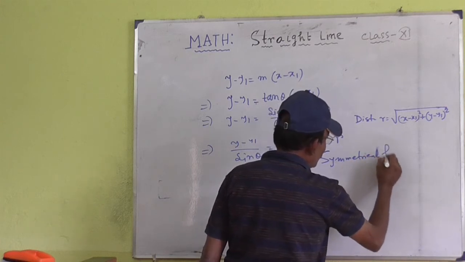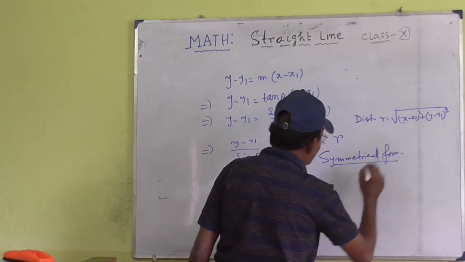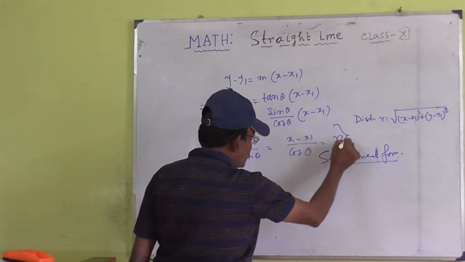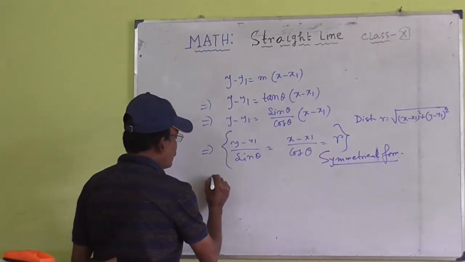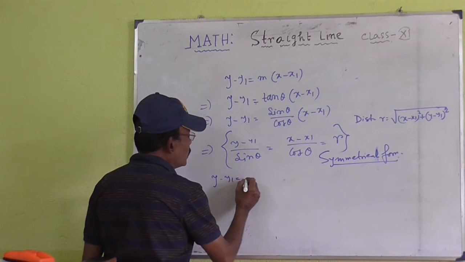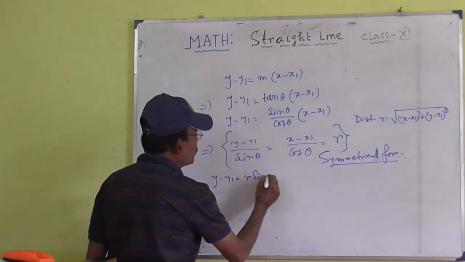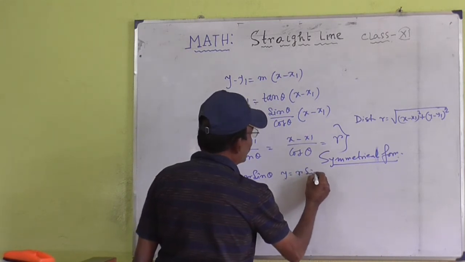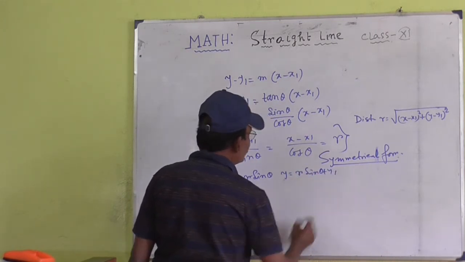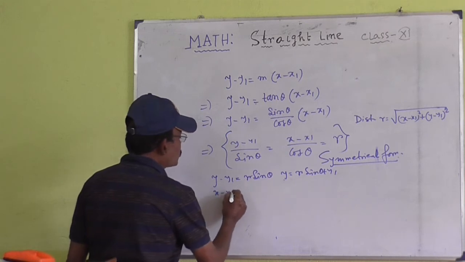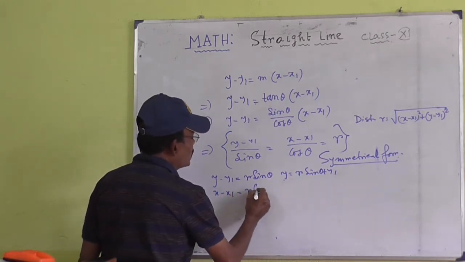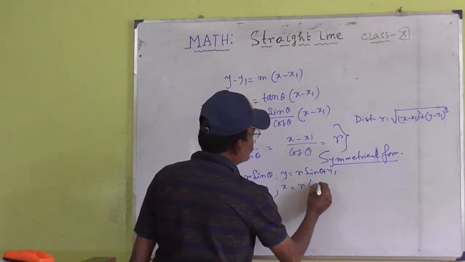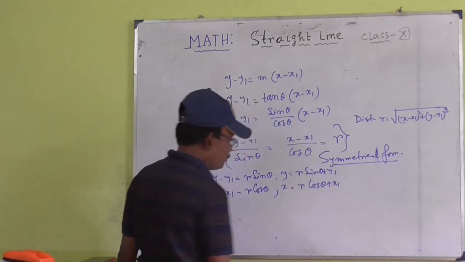So from this relation, we choose y minus y1 to be r sin theta, so y equals r sin theta plus y1, and x minus x1 to be r cos theta, so x equals r cos theta plus x1.